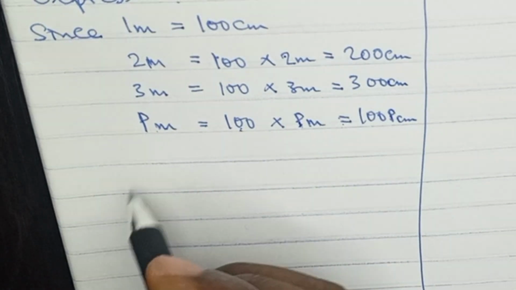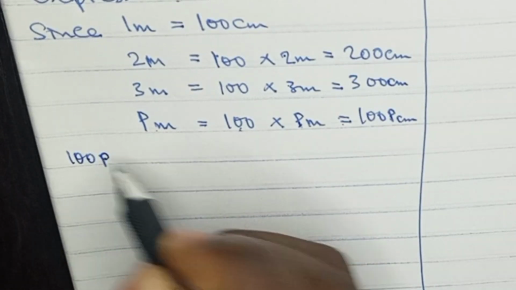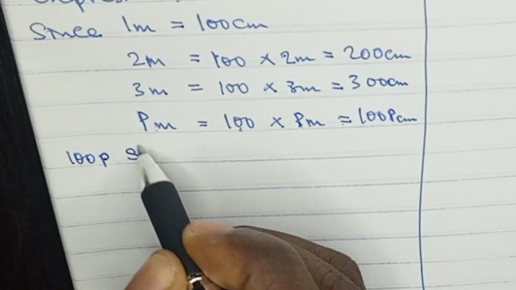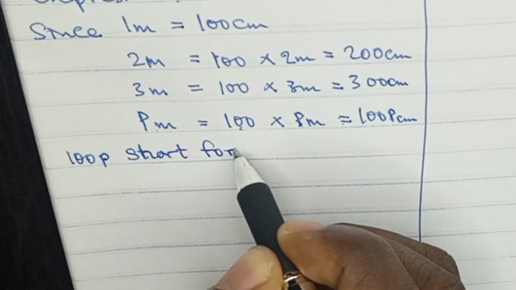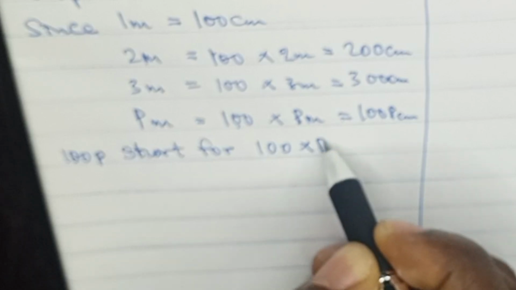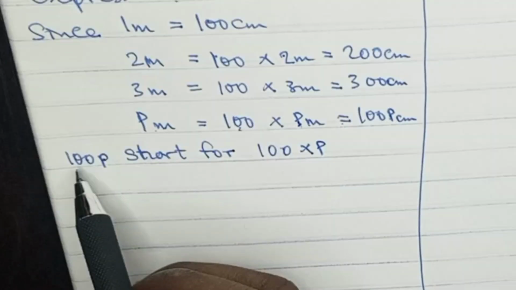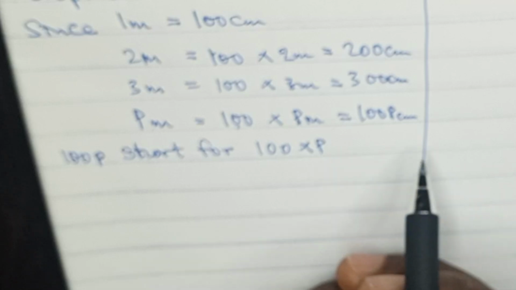Now if you notice here, we have 100p. 100p is short for 100 times p. So anytime we see 100p, it is short for 100 times p. As simple as that.